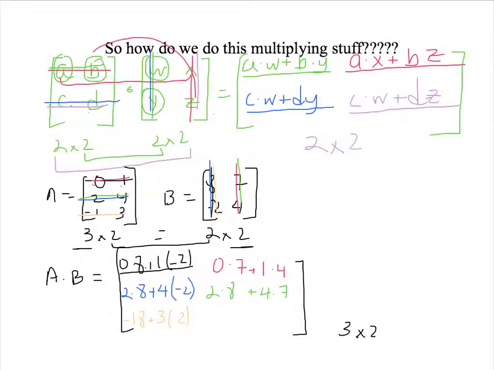And last one I do, third row, second column. So -1 times 7 plus 3 times 4. All right, now let's simplify this bad boy.